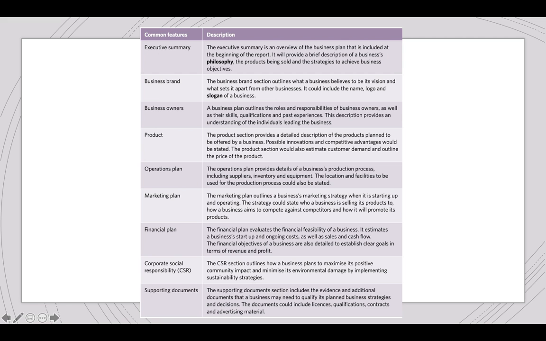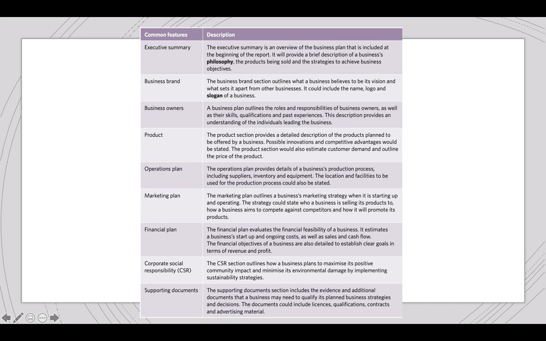Corporate social responsibility. This is one that all of you are very, very familiar with. Okay. So CSR is going to outline how you are going to have a positive impact. Okay. Whether that is from a social, environmental, or economic perspective. Okay. So think back to the definition and make sure that you are addressing that.